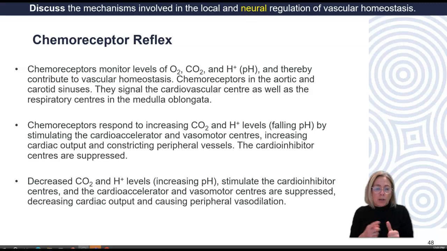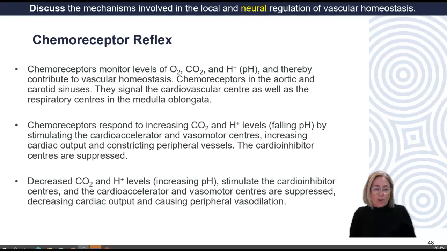Chemoreceptors respond to increasing carbon dioxide and increasing hydrogen levels, so decreasing pH, such as what you might see when you're exercising, by stimulating the cardioaccelerator and vasomotor centers. This will increase cardiac output and constrict peripheral vessels. And the inhibitor center is suppressed, right? That makes total sense when you're exercising.